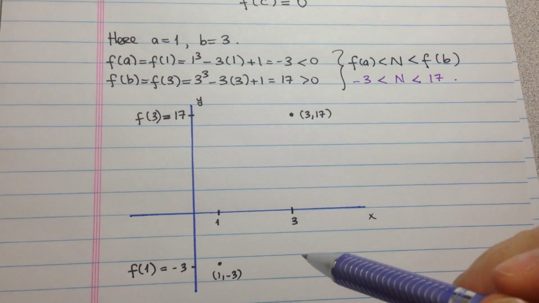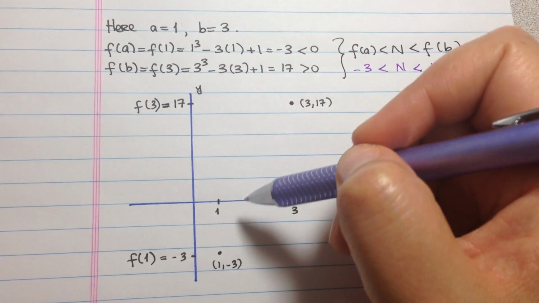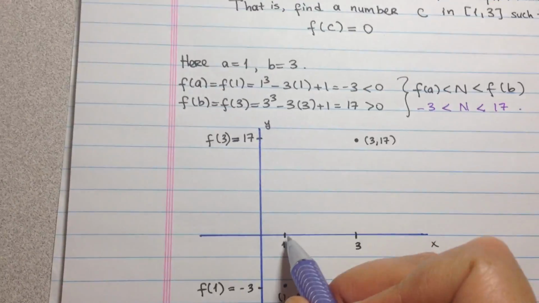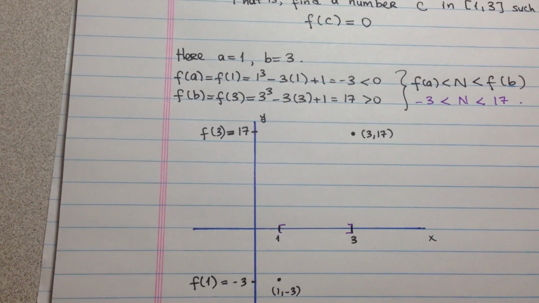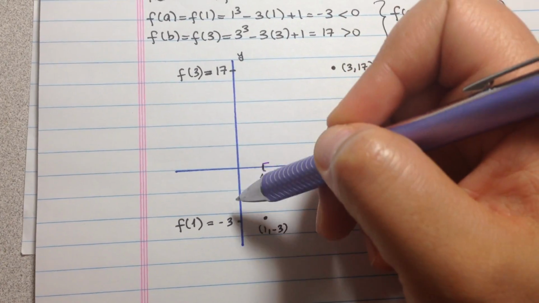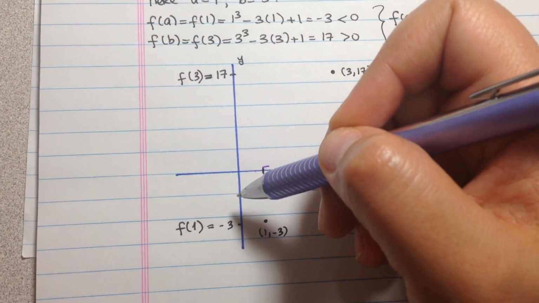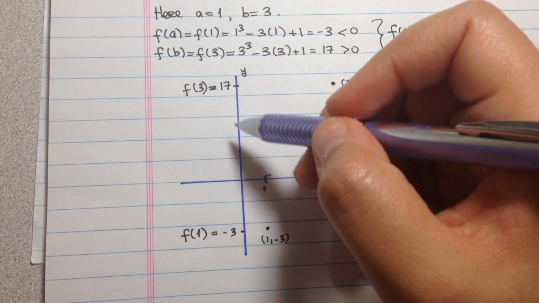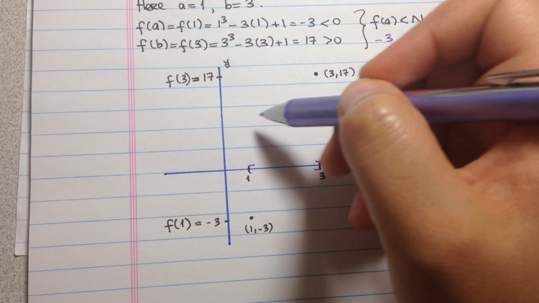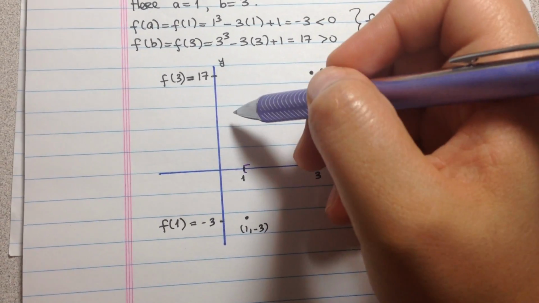So look at it. This theorem says that since you have a continuous function on this closed interval, you can take any number between negative 3 and 17, so that whenever you take that n, you will have an input that gives you that output.